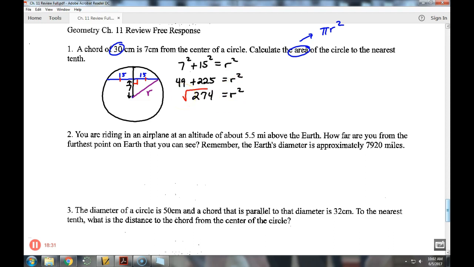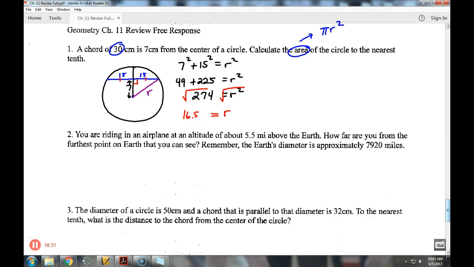And then finally I'm going to take the square root of both sides. I gotta punch this in, I guess. So square root of 274 looks like about 16.55.